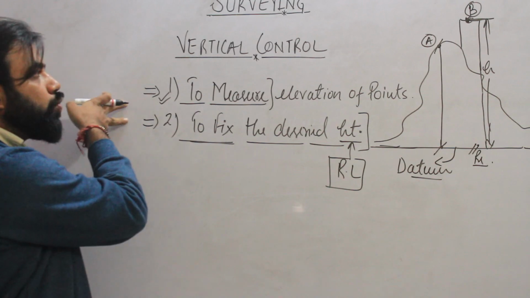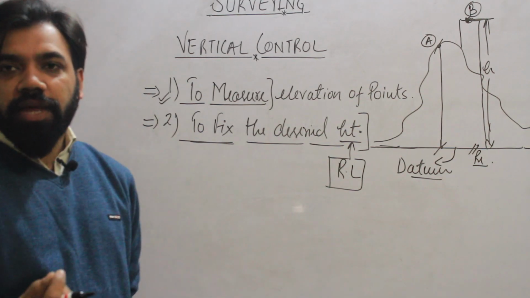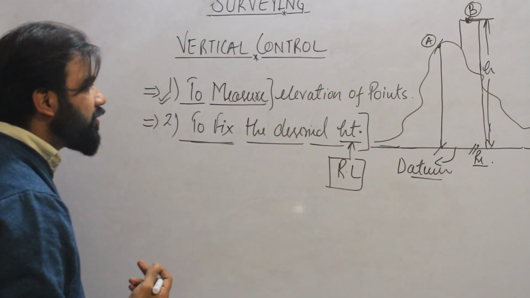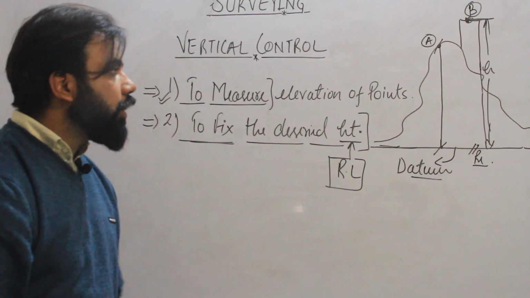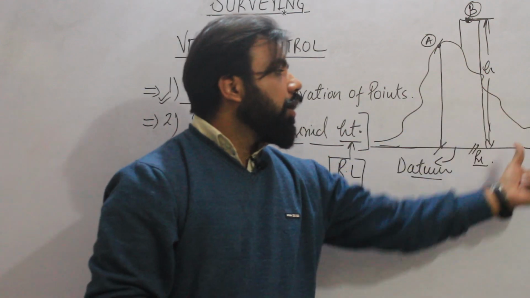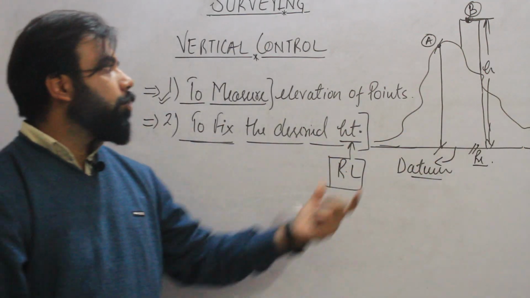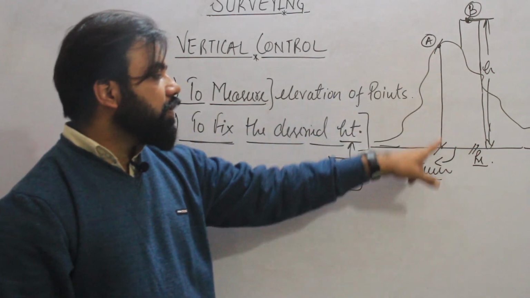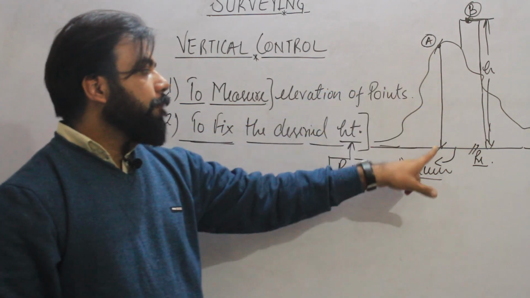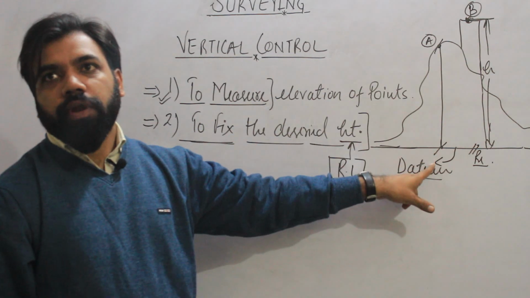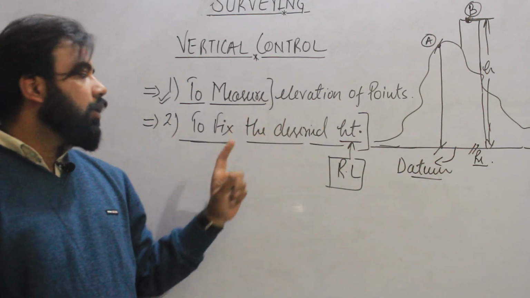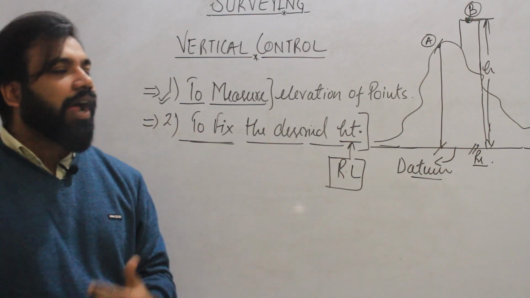So these are the two operations to understand what is vertical control. I hope these 2 points are clear. Suppose this is a ground and we have taken a point in this ground. The height of any point in this ground is known as the elevation of this point, and this is done by vertical control, point number 1. Second is to fix the desired height of any point.